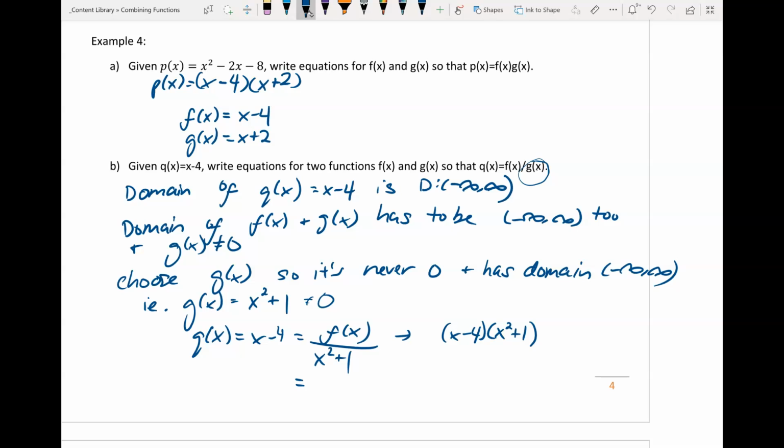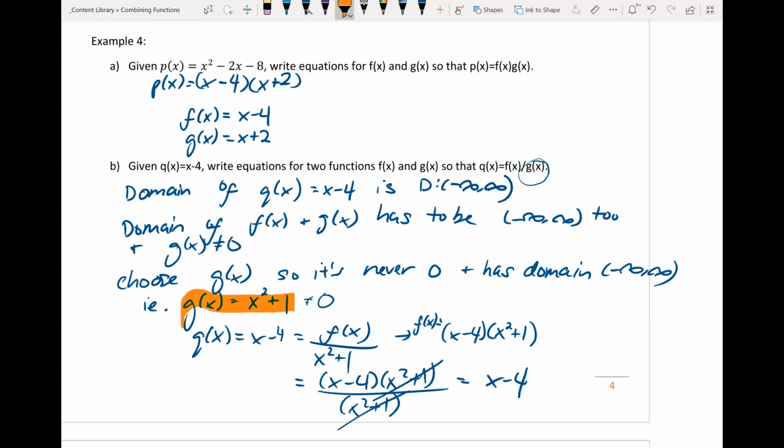So I'm now going to replace this f of x with what I just stated it's going to be. And if this occurs, we can cancel these two out and we're just left with x minus 4, which is what we wanted for q of x. So then your answer is g of x is equal to x squared plus 1, and f of x is x minus 4 times x squared plus 1.